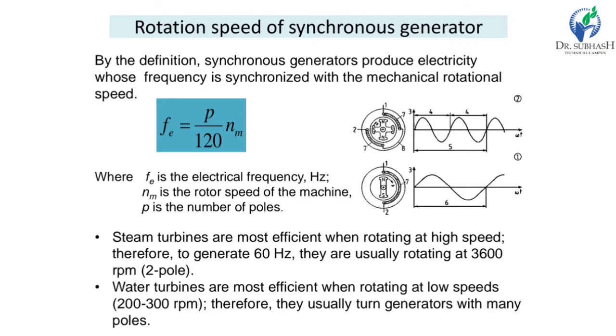So the result is 1500 rpm. The speed of a 4 pole alternator is 1500 rpm and the maximum speed of an alternator, which is 2 pole, is 3000 rpm at 50 Hz frequency.